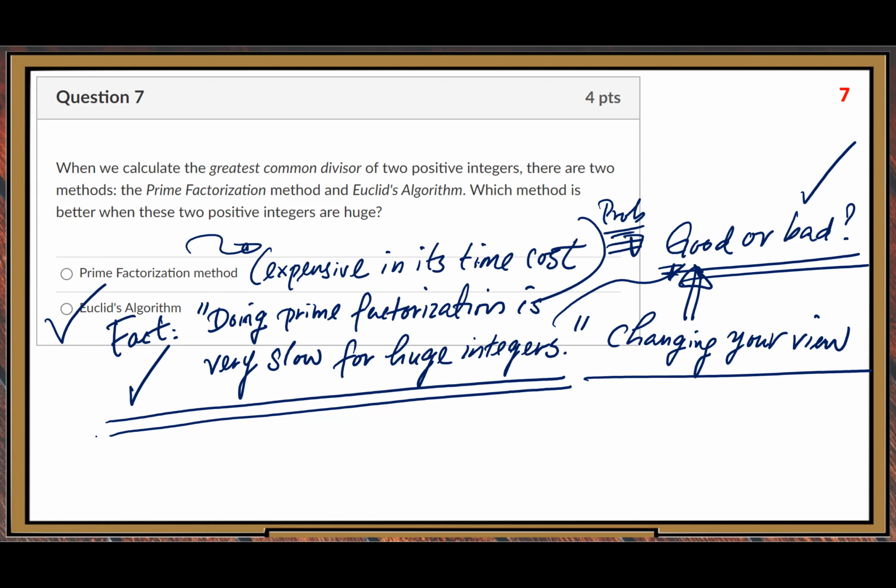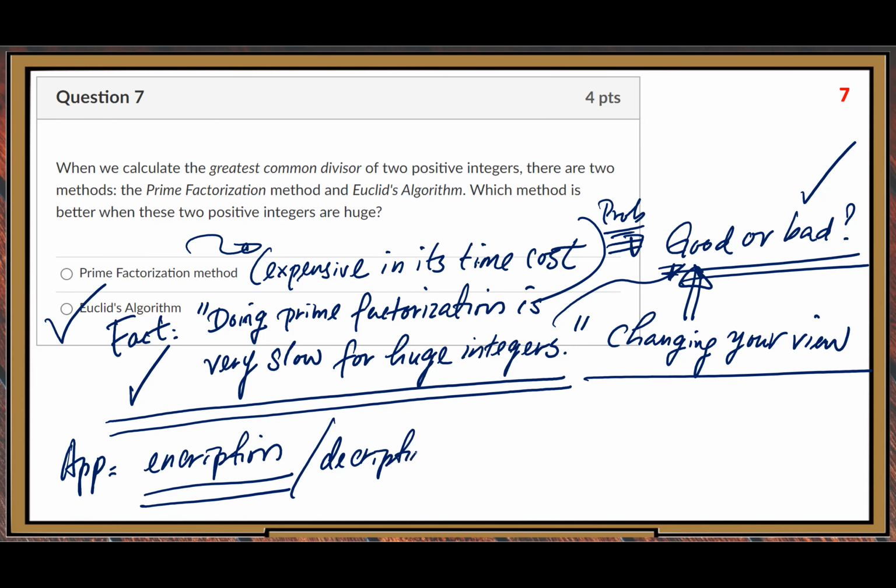There is one application, actually a big application: encryption. Encryption is very important, right? Encryption and decryption. In our internet era, the information sent through the internet needs encryption and decryption.